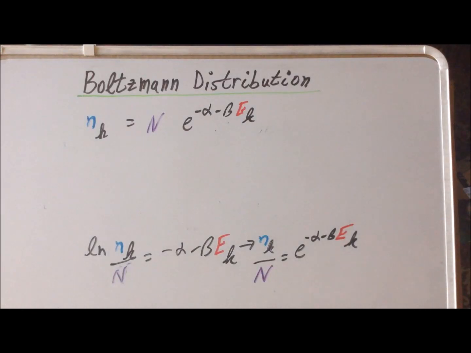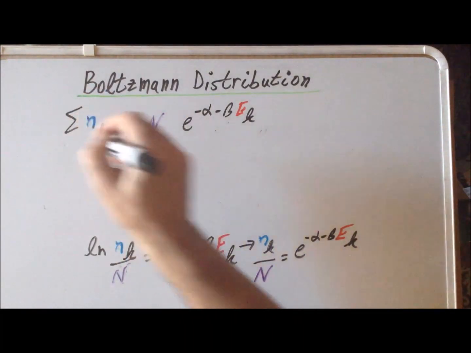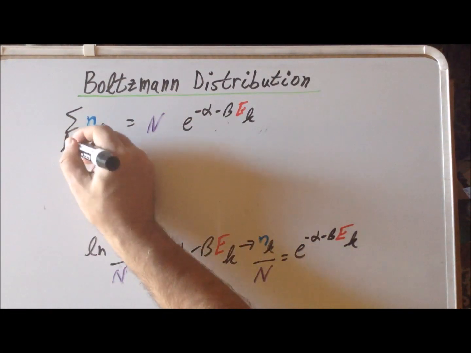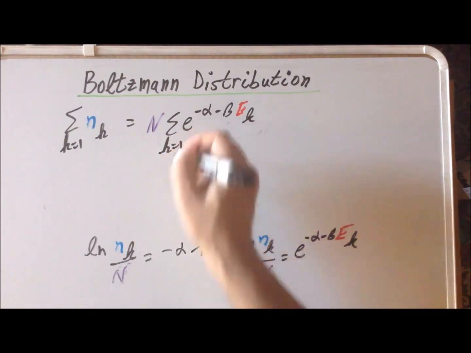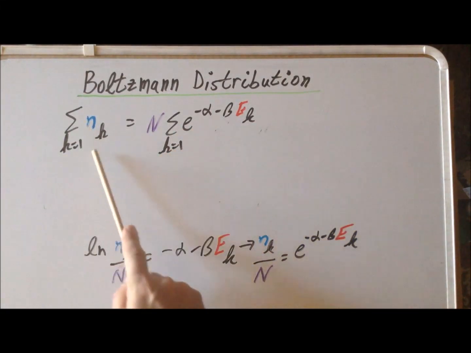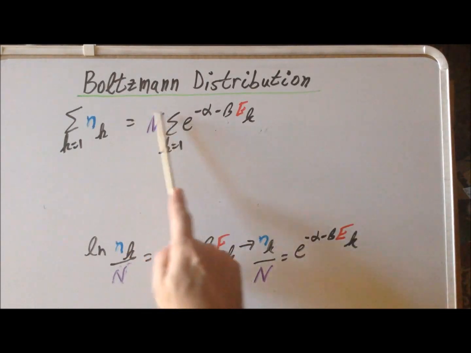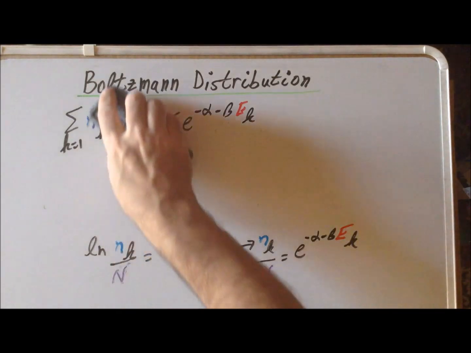And the reason why we want to do this is that we are now going to sum over all k's on each side here. You notice that if we sum all the little n sub k, we simply get big N. So let's do that right here.